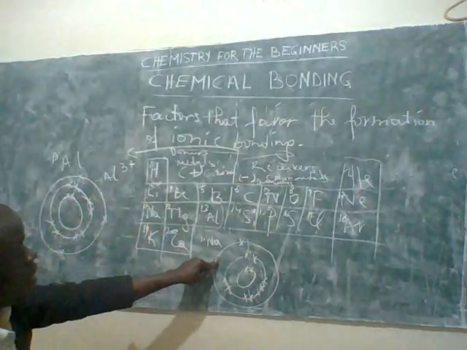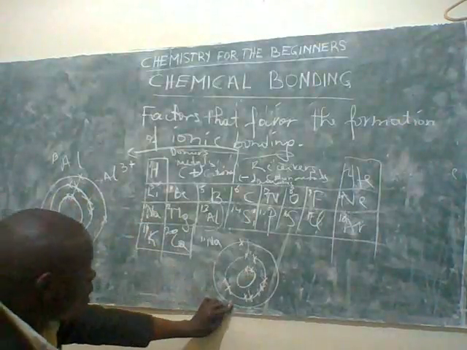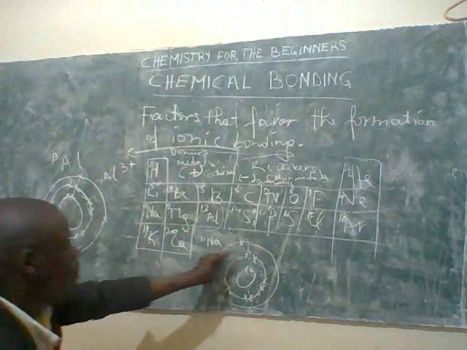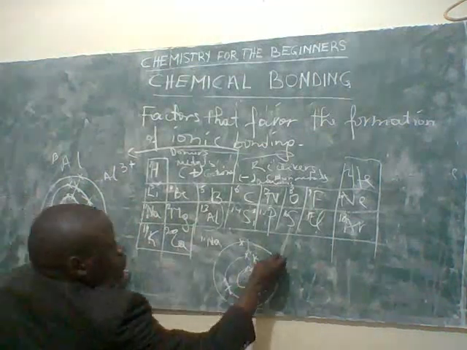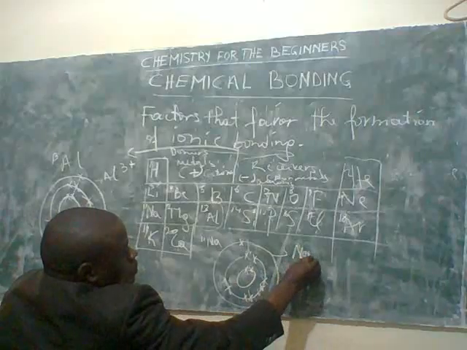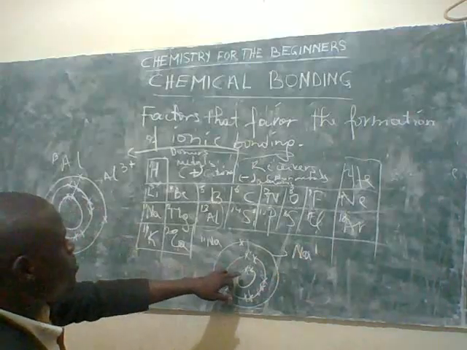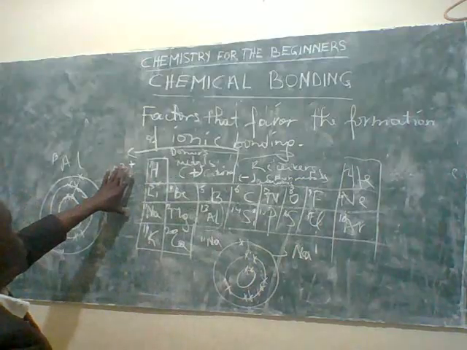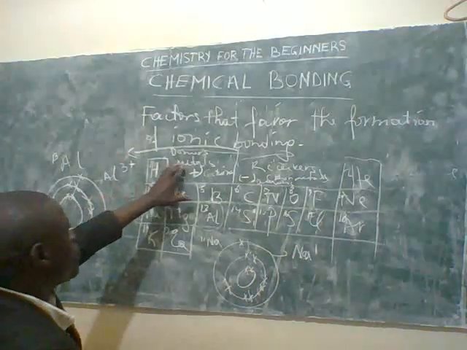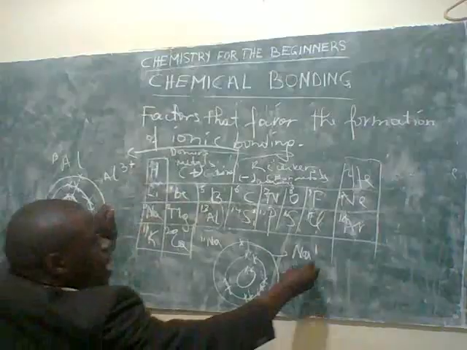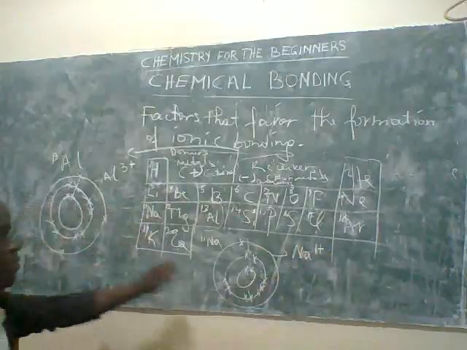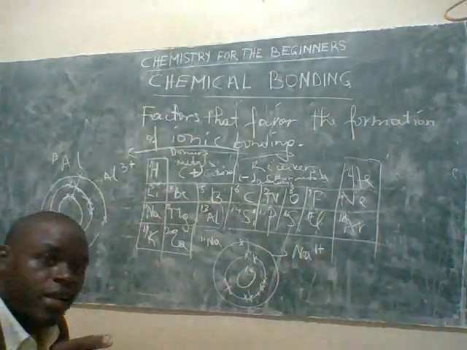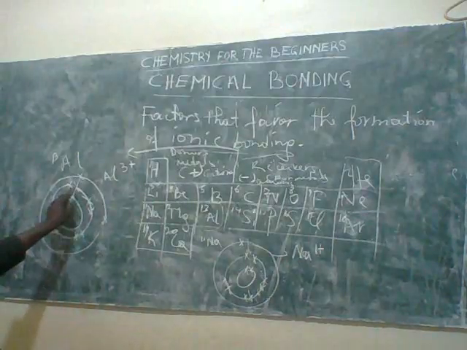Then this one, in its outermost shell, has 1, and it will be positive because it also falls into metals, the donors.